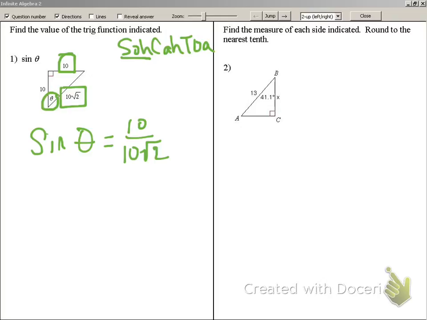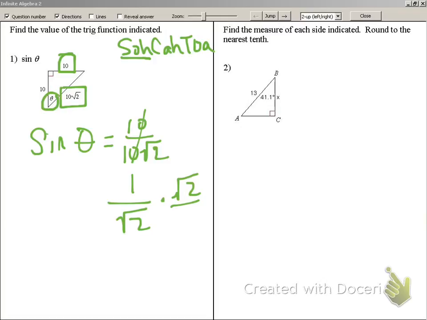Now, a couple of things to remember here. We can just simply write the ratio there, but as you can recall, we never leave a radical in the denominator, so we have to simplify this and get that out. So the tens, of course, would cancel, but we'd have 1 over radical 2. Still cannot leave a radical in the denominator, so I have to rationalize.